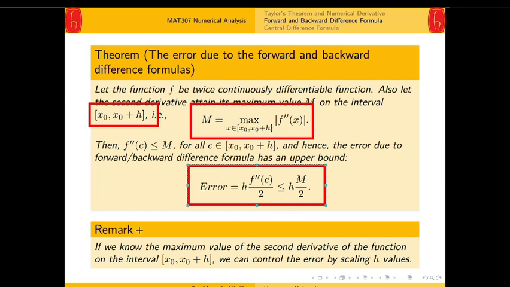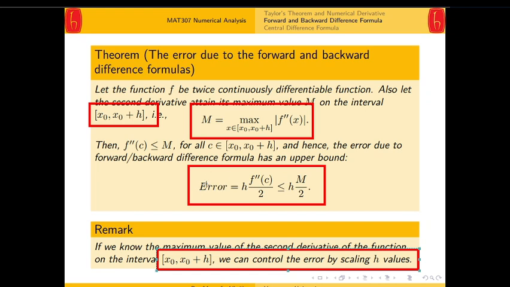Okay, so there is a remark here. If we know the maximum value of the second derivative of the function on the interval, or if we can get an idea, or if we have an approximation to the second derivative, then we can control the error by scaling the h value. So if we have an idea about what M is, then we can modify h to obtain the desired error.